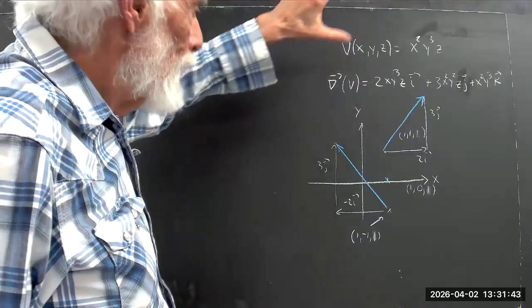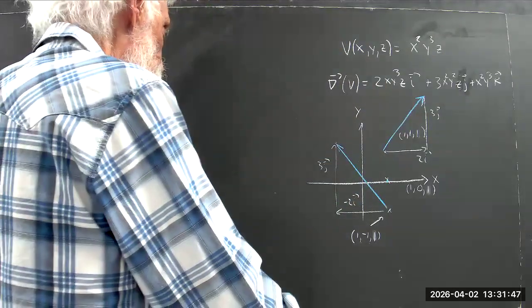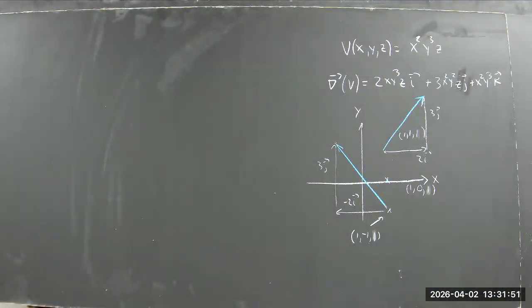I'm just going to tell you, if you've got a vector field, you can map a bunch of different points. Okay. The first problem you're likely to have is to calculate the gradient field. Just find the gradient field. You don't have to graph it. I'm just demonstrating the gradient field can be graphed.